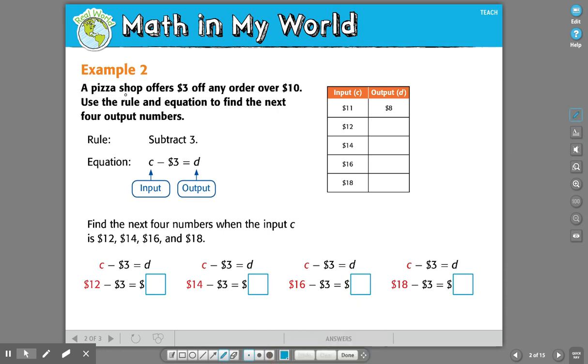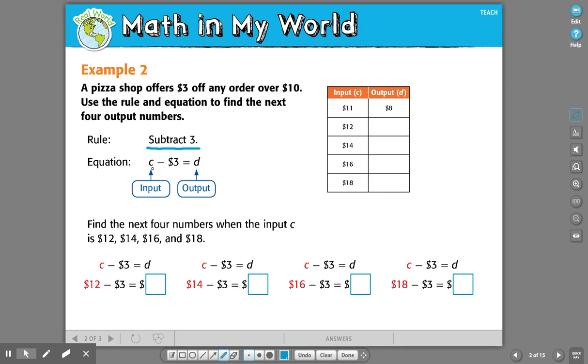Okay. It says a pizza shop offers $3 off any order over $10. So if you spend $10 at the pizza place, you get $3 off. Use the rule and complete the equation to find the next 4 outputs. So our rule, every time we put something in, we're going to take 3 away.